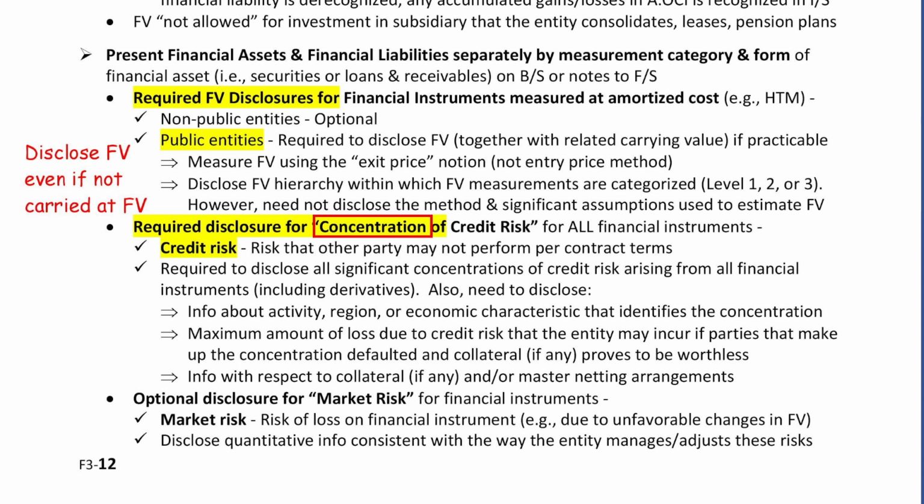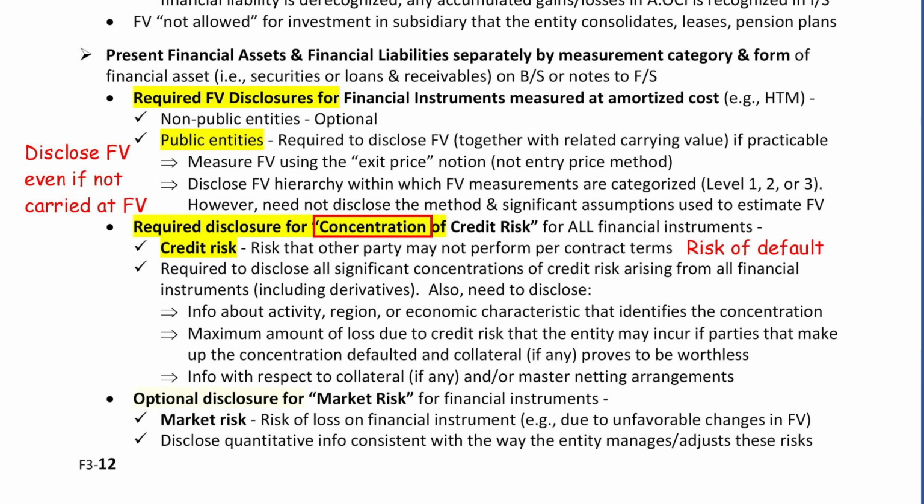So credit risk is the risk that the other party may not perform as per the contract terms. Basically, it is the risk of default. And entities are required to disclose all significant concentrations of credit risk arising from all financial instruments, including derivatives. So concentration could be due to activity, region, or economic characteristics.